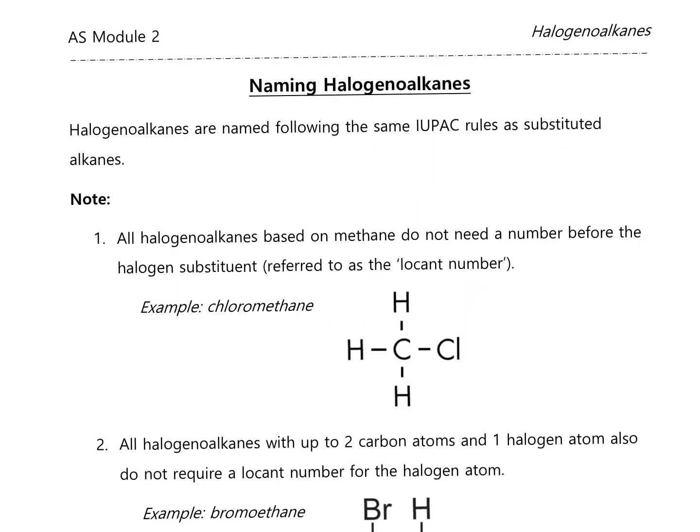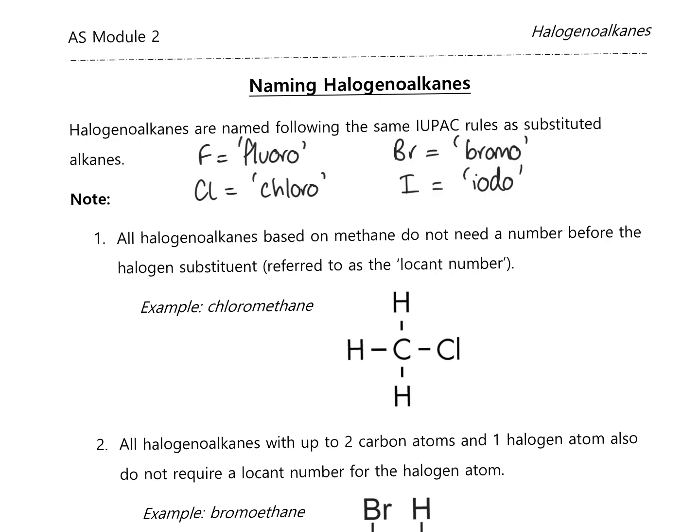So let's move on to naming halogenoalkanes, and this is very straightforward. This is essentially the same rules as naming alkanes. Halogenoalkanes are named following the same IUPAC rules as substituted alkanes, and we'll have a look at what the names of the halogen substituents are. You're probably familiar with the names of these substituents from our alkanes topic, that last reaction of alkanes where we made substituted alkanes, things like chloroalkanes and bromoalkanes.